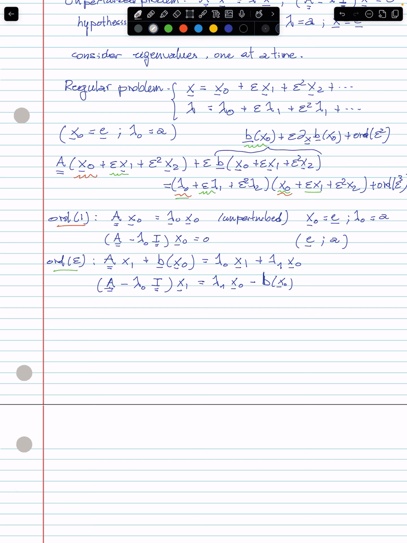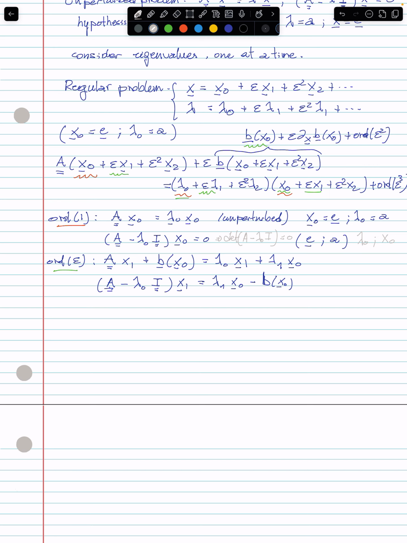You would start by writing that the determinant of A minus lambda 0 I is equal to 0. Then you determine lambda 0, and once this is done, you reconsider the original set of equations and determine x0. So the sequence is: first you compute lambda 0, which is equal to lowercase a, and then you compute x0.